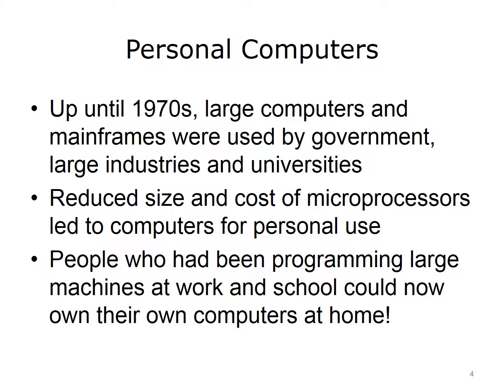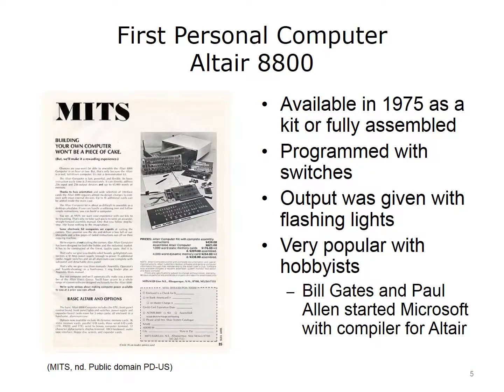Up until the 1970s, computers were large, expensive, and were used by governments, large corporations, and universities. Over time, improved technology reduced the size and cost of microprocessors, which led to computers for personal use. The first available personal computer was the Altair 8800. It was available in 1975 as a kit or fully assembled.